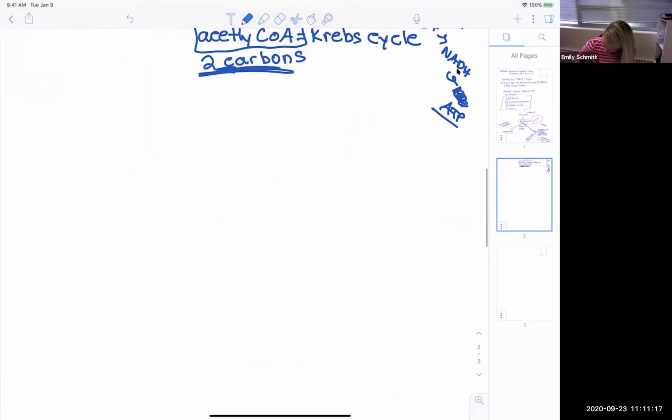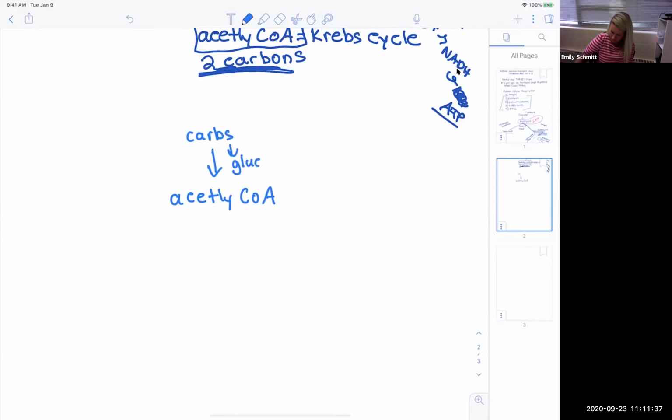So we have acetyl-CoA. We know that the main substrate that we are going to use to get to acetyl-CoA, we can get there through carbs, specifically through glucose. But if you remember on Monday, we can also get to this step of forming acetyl-CoA from fat metabolism.